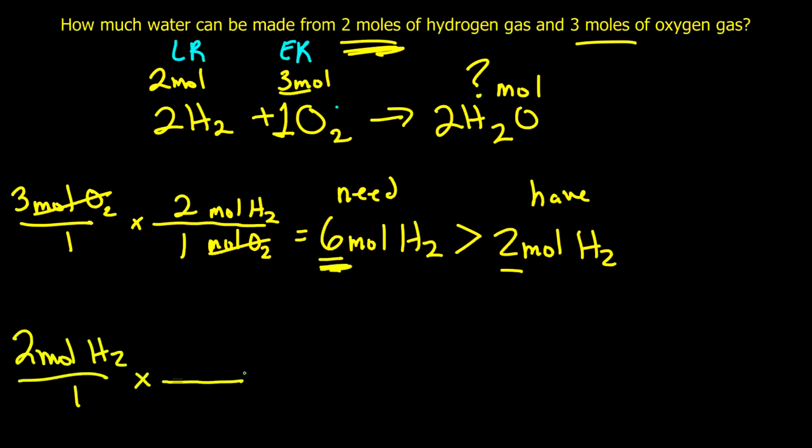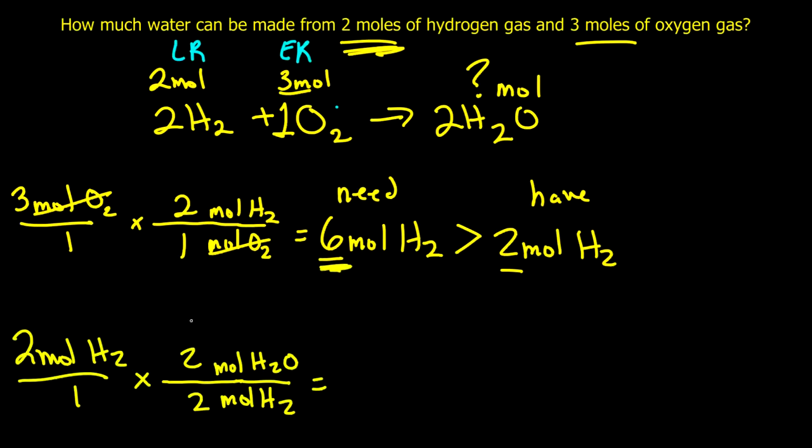And I need to change that to moles of water. So I use the balanced equation. Moles of H2 is on top. Moles of H2 will go on bottom. I'm trying to change it to water. So moles of H2O go on top. Need some values. Now it's the balanced equation. There's 2 moles of hydrogen for every 2 moles of water.